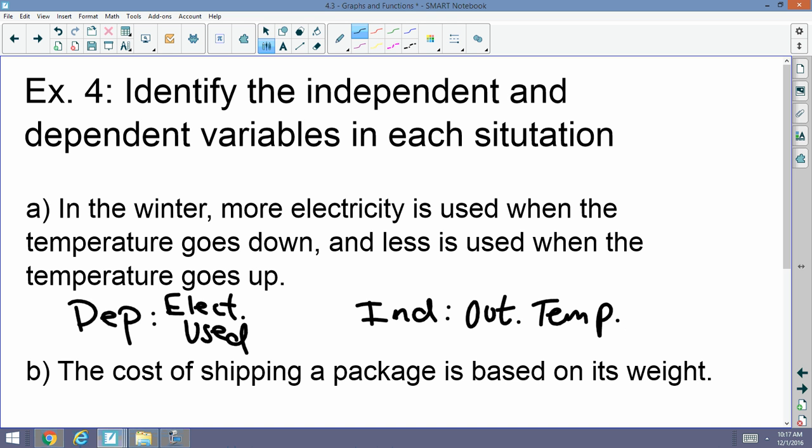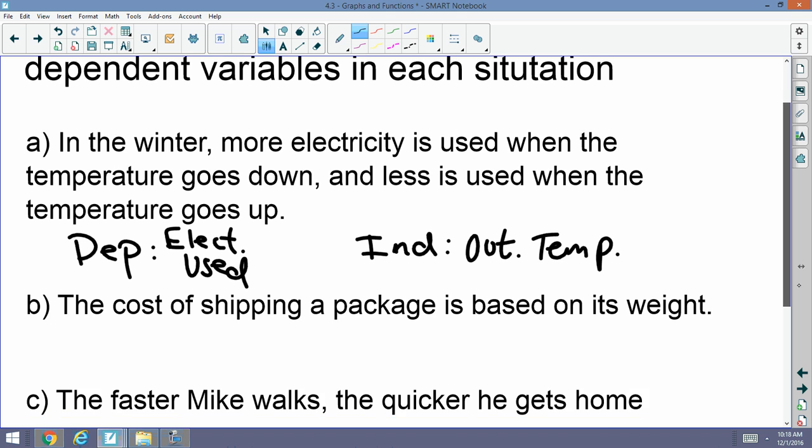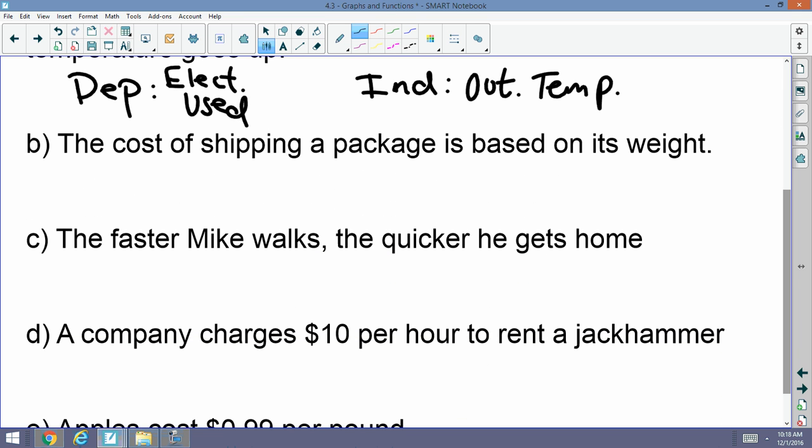Okay, next. The cost of shipping a package is based on its weight. Who's dependent? Who's independent? Let's try. Who's dependent here and who's independent? The cost of shipping a package is based on its weight. No, the weight is not dependent.